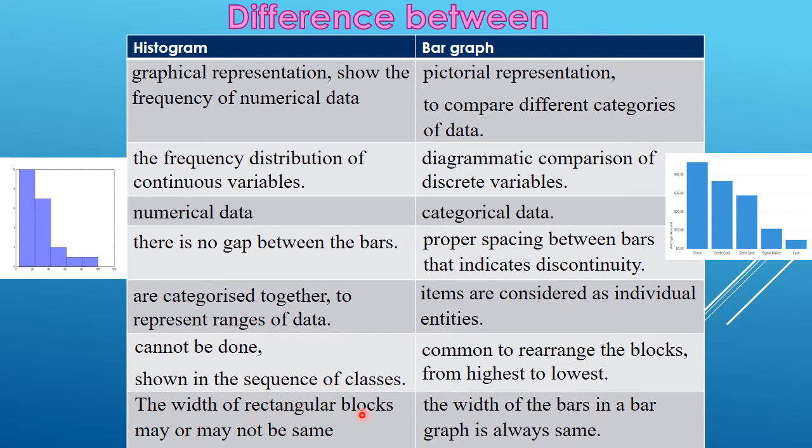The width of the rectangular bars may or may not be the same in a histogram, but the width of the bars in a bar graph is always the same.